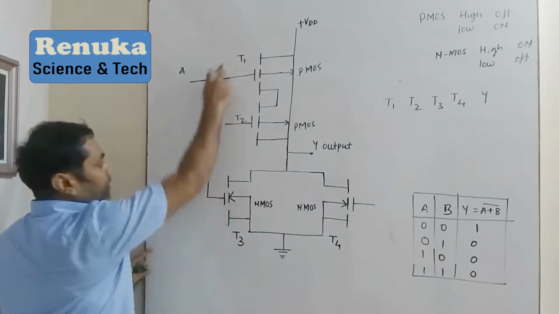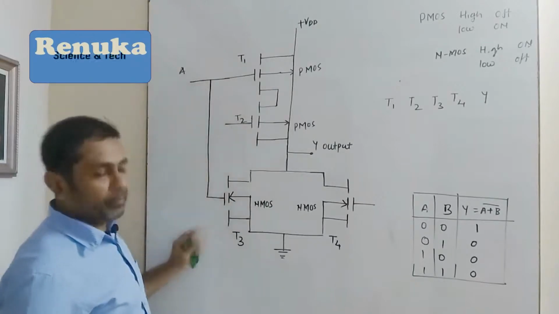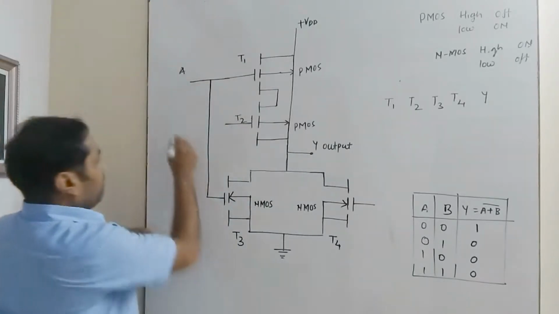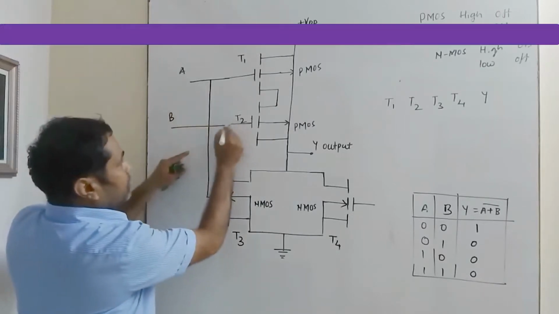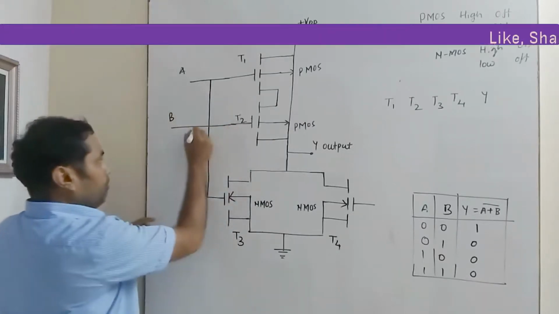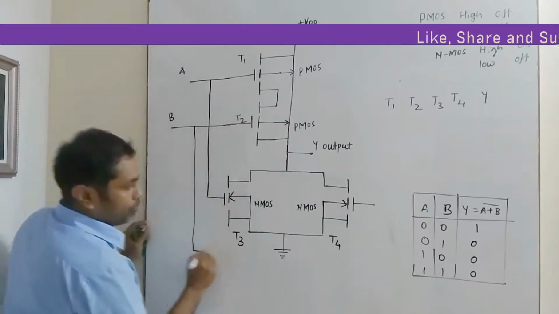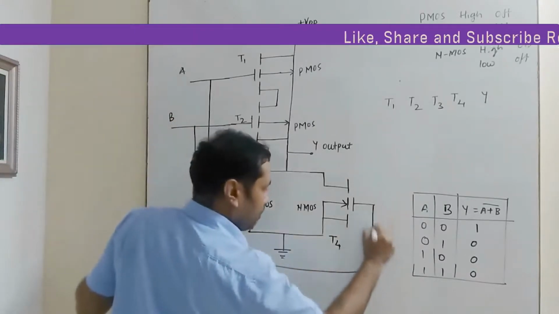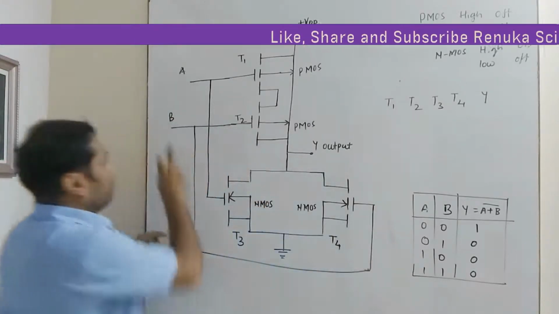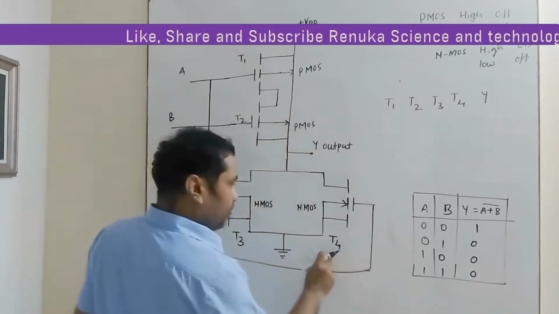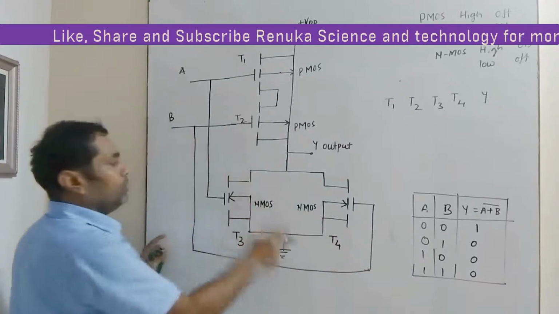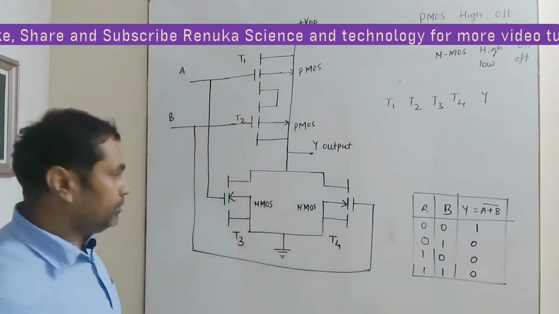So here T1 and T3 form one complementary connection. Second, if the B input is connected to transistor T2's gate, then the same B should be connected to an NMOS. So B is connected to T2, which is PMOS, and B is again connected to T4, which is NMOS. So this will form another complementary connection.